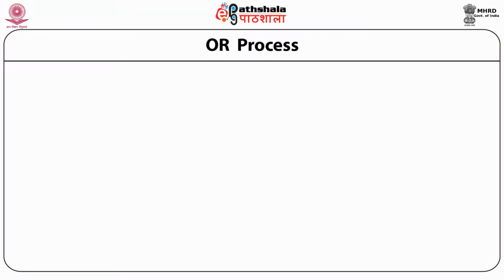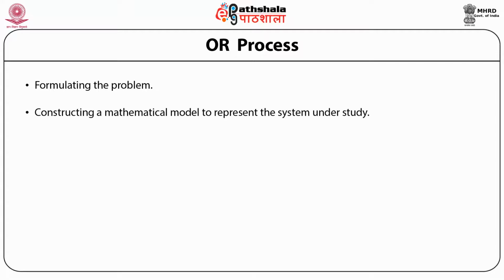OR process. After knowing about OR, let's now take a look at the operations research process. There are some 7 or 8 steps in the OR process. It starts with formulating the problem. The second step is constructing a mathematical model to represent the system under study.